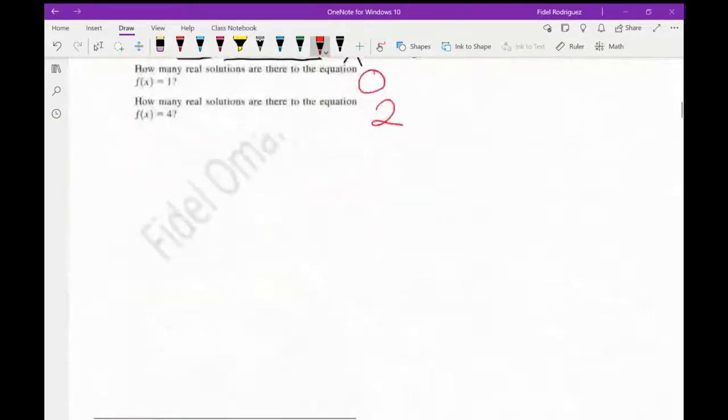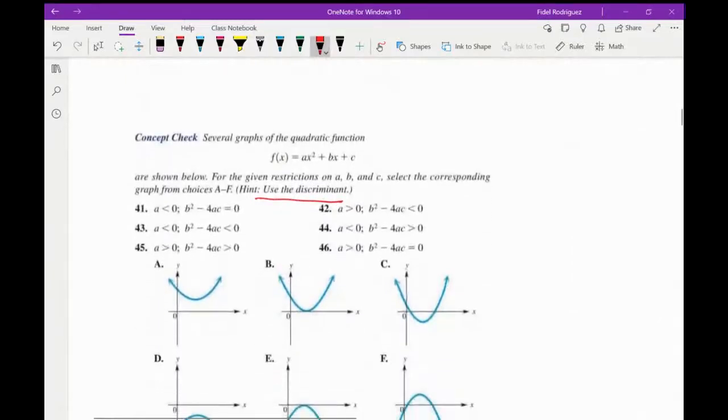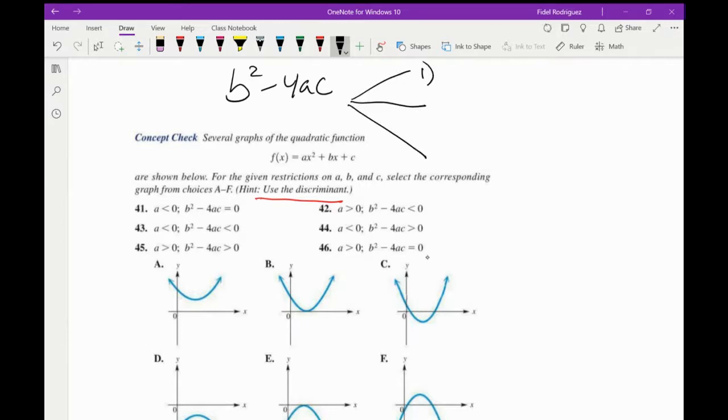So let me scroll a little more. Here we go. This number, b squared minus 4ac, has 3 possible outcomes. Number 1, if it's greater than 0, meaning it's positive, we're going to have 2 x-intercepts.